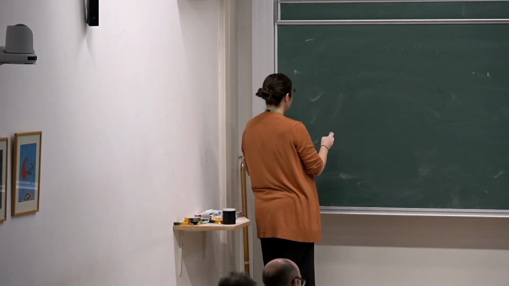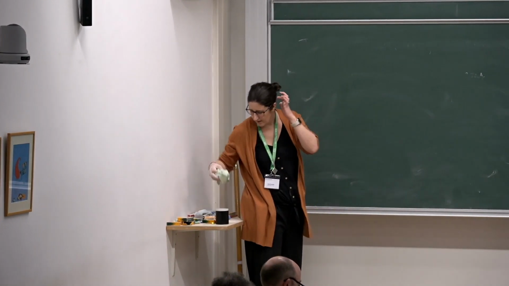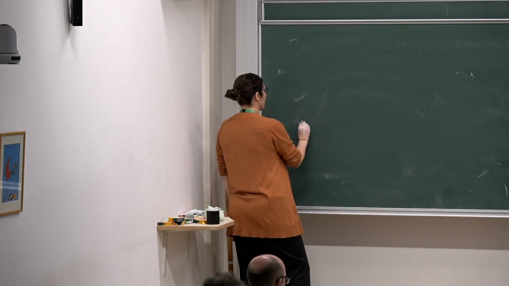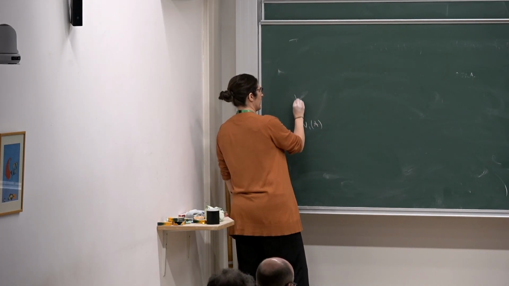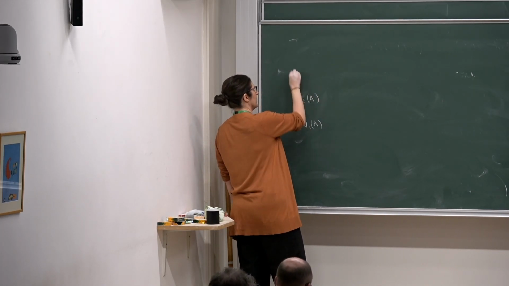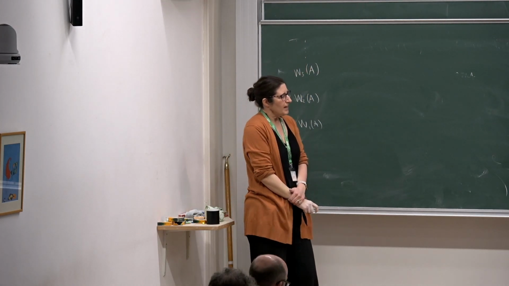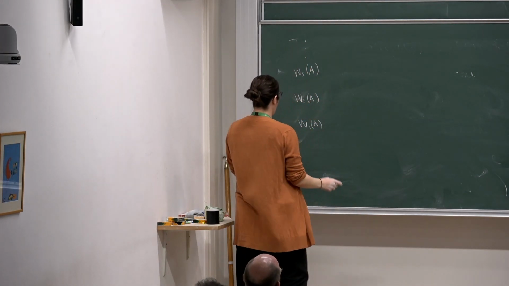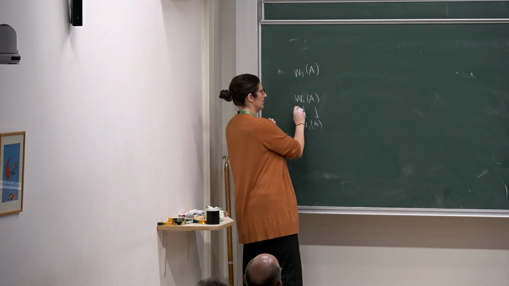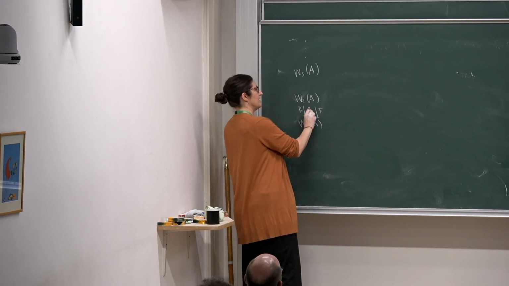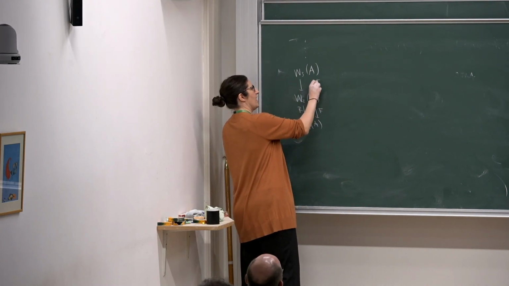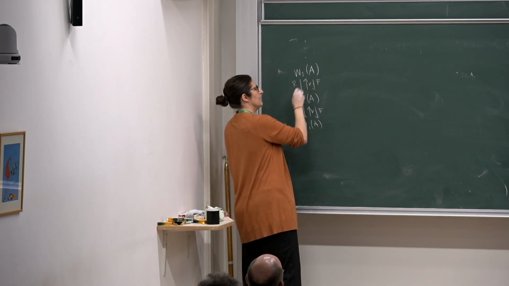Okay, so in a Witt complex, I'm supposed to start with my Witt vectors. So I have my length 1 p-typical Witt vectors, my length 2 p-typical Witt vectors, my length 3, and so on. And we said that the Witt vectors had these operators between them. There was R, there was F, there was V in the other direction. So I have this.